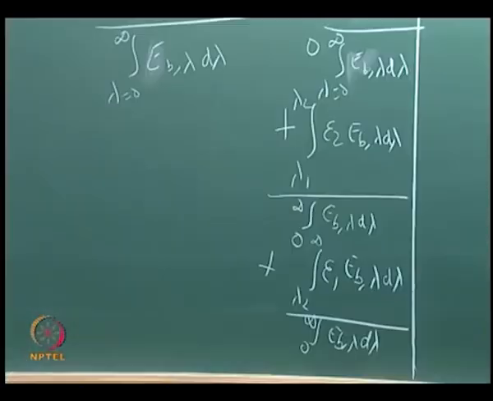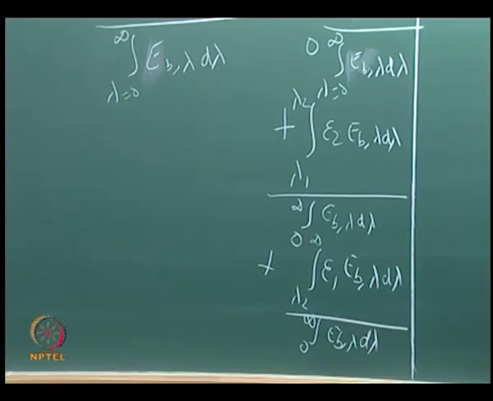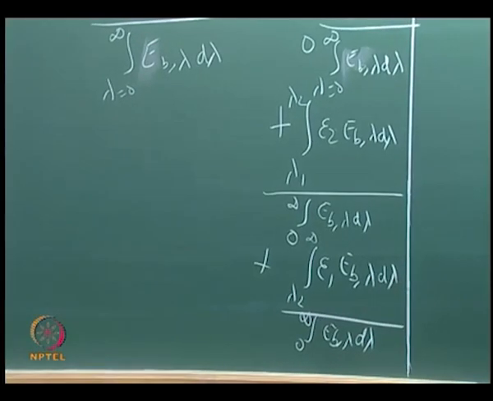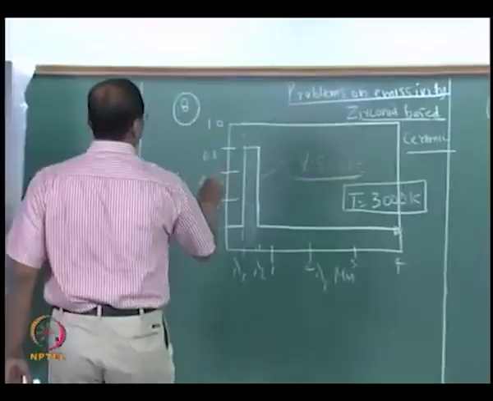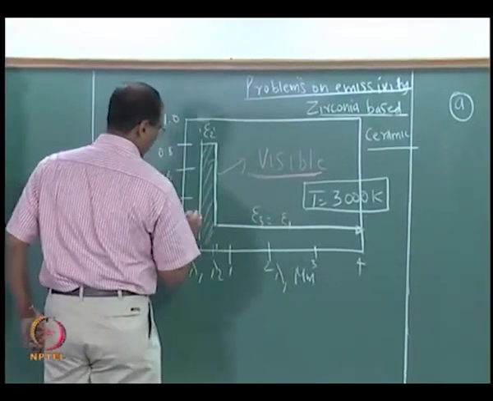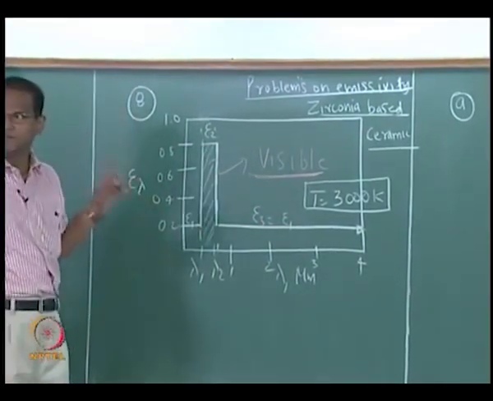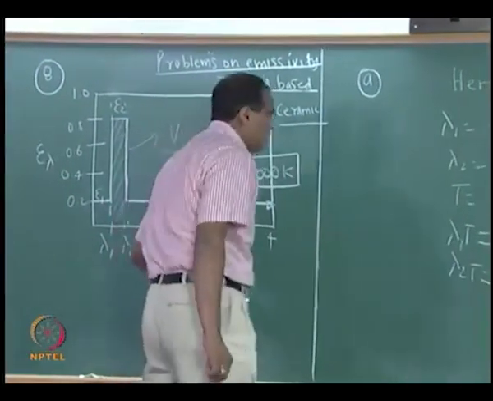There are 3 terms. Epsilon 3, I have put epsilon 1. Epsilon 1 equal to epsilon 3. Agreed, 0.2. Now we will have to use the f function chart.